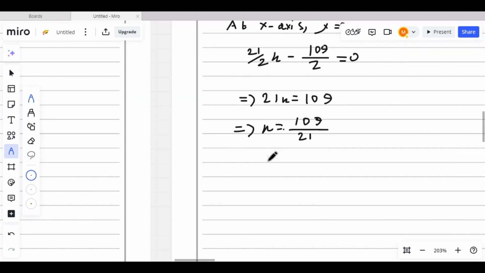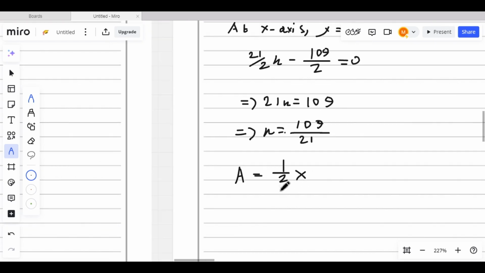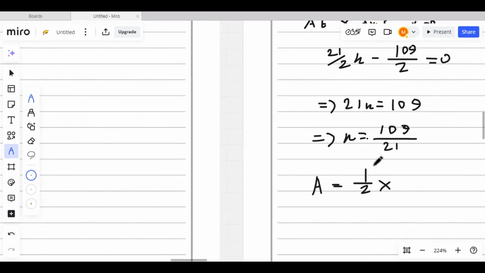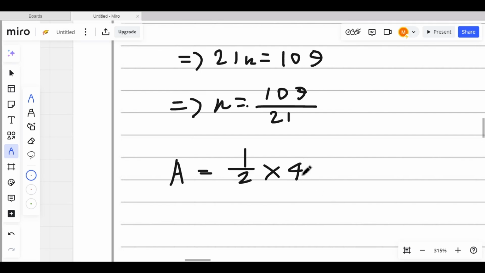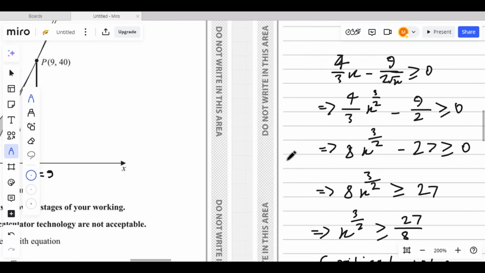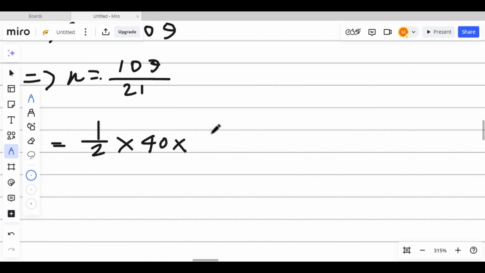Okay. So find out the area of the triangle. This is A. Area would be what? Half times base times height. So height would be the y coordinate, 40. So half times 40 times the base. Base is, what's the x coordinate? 9 minus 109 over 21.